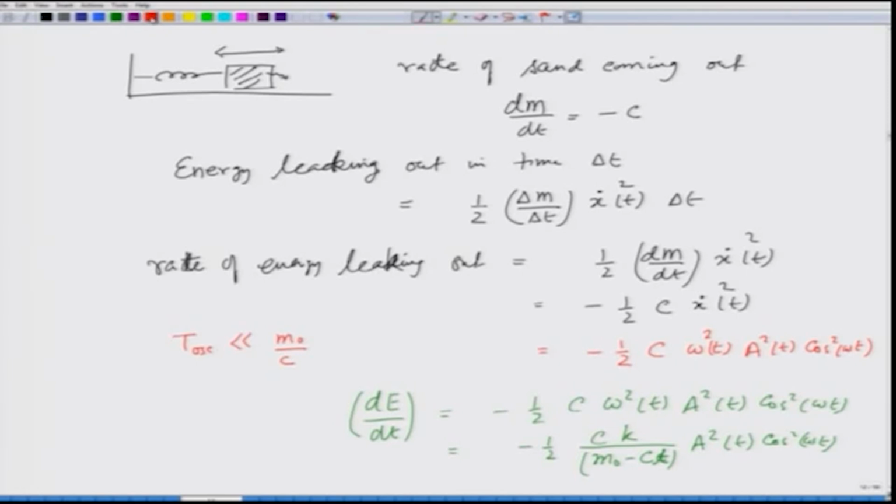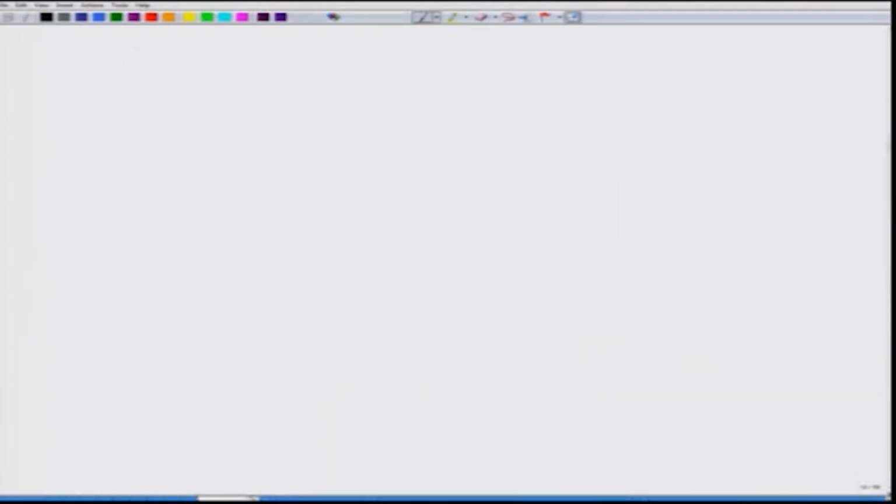This is my equation for loss of energy at any given time. Let me write this again. So, I have energy loss is equal to minus a half c k over m naught minus c t, A squared t, cosine squared omega t.